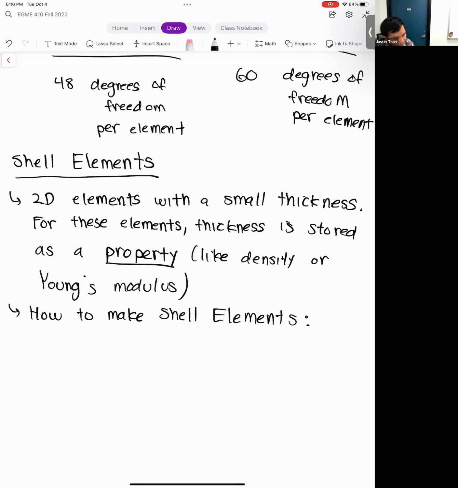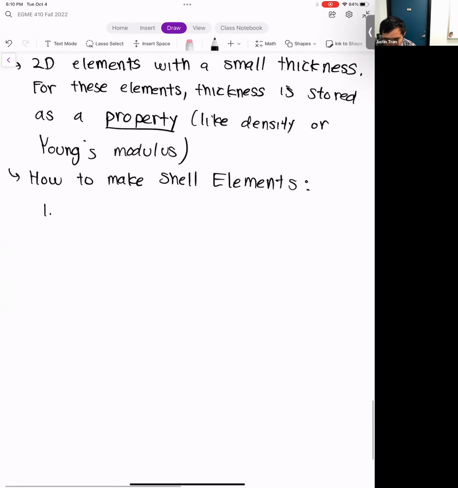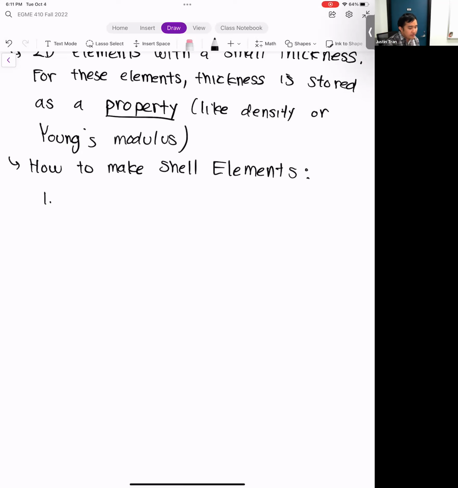Right. So now let's talk about how we actually create shell elements in FEM. Okay. So there's four general methods, and of these, some are more common than the others, but I thought I'd mention all four of them just for completeness. Okay.